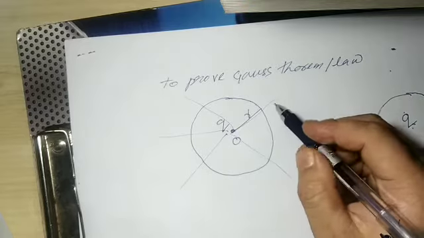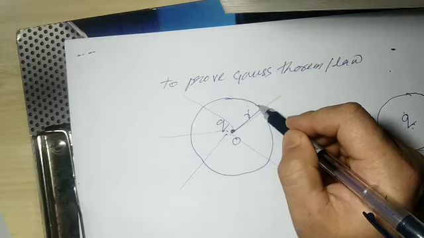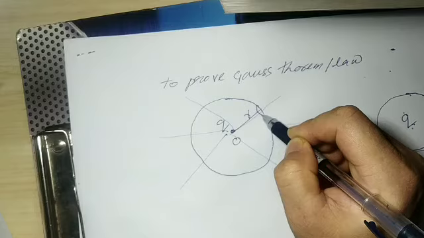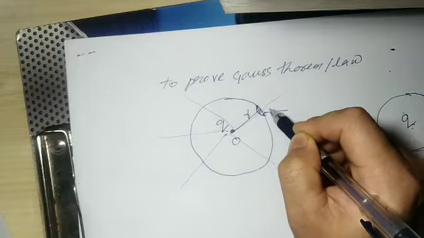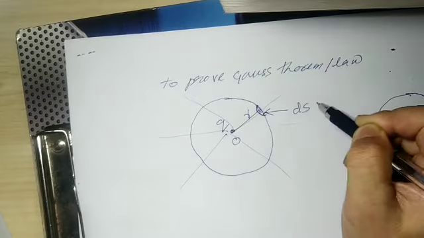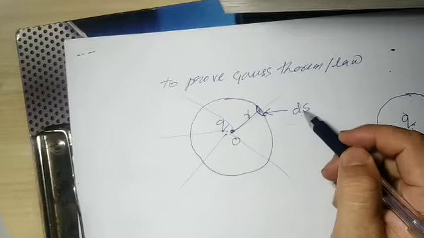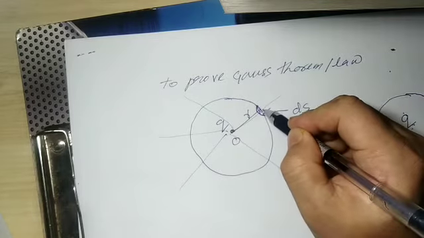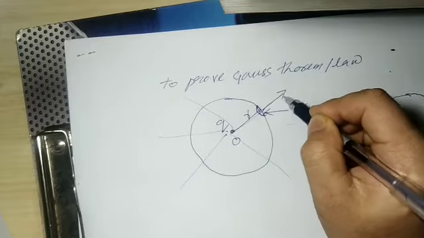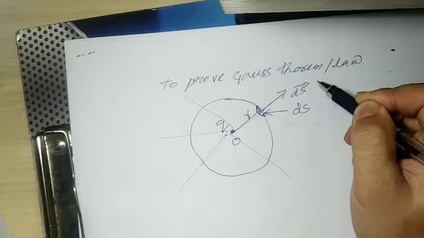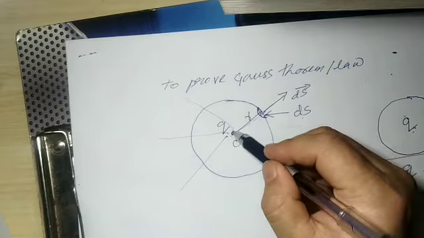Okay, so let's consider a small surface on the surface of the sphere. This is a small surface. Let's say this surface element is dS. So what will be the area vector of this surface? It is perpendicular to the surface, so this will be the area vector. And what is the direction of the electric field?